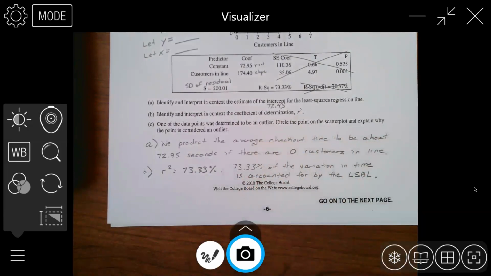Now, who remembers what you would do if it asked you to solve for R? Right, square root. Now, does anybody remember something special that we have to keep in mind when we take the square root of an R squared value?